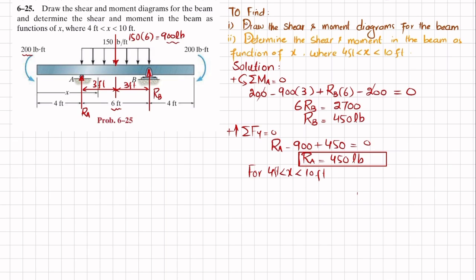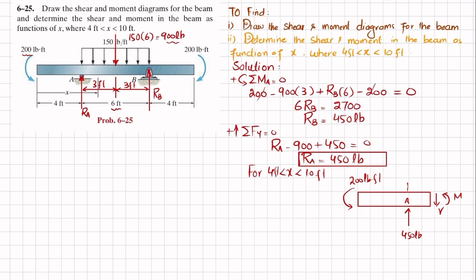When you cut the beam, it will be like this. There is a moment at this point which is 200 pound-feet. This is point A, where you have the 450 pound load applied. When you cut it, you will have a shear force which is this, and you will have a moment M as well.